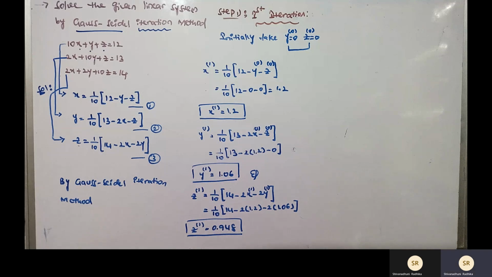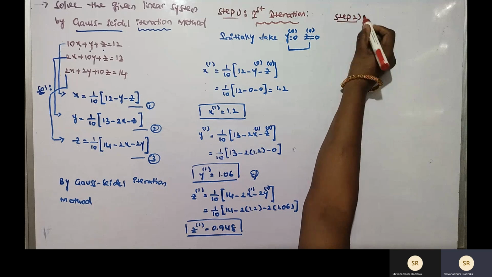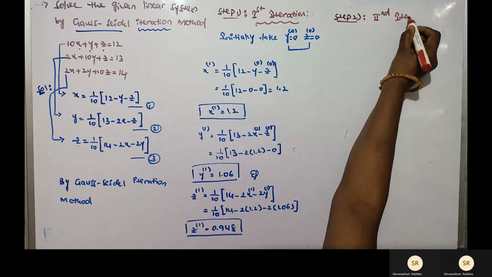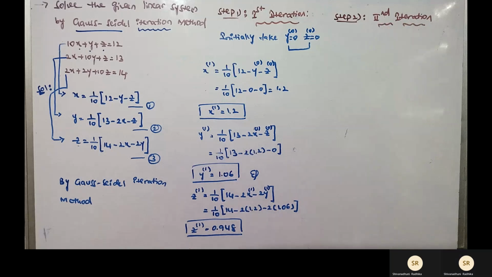Now the second step is the second approximation or second iteration. In the second iteration also, we are going to find the x2, y2, z2 values.